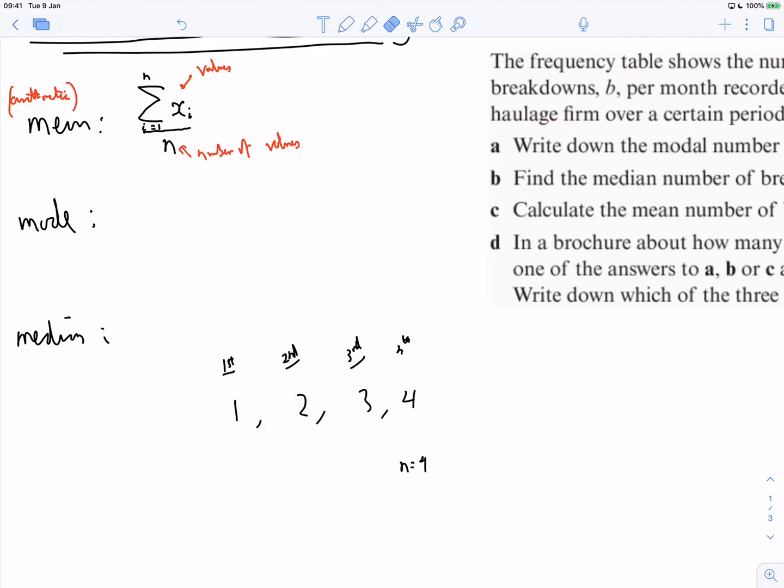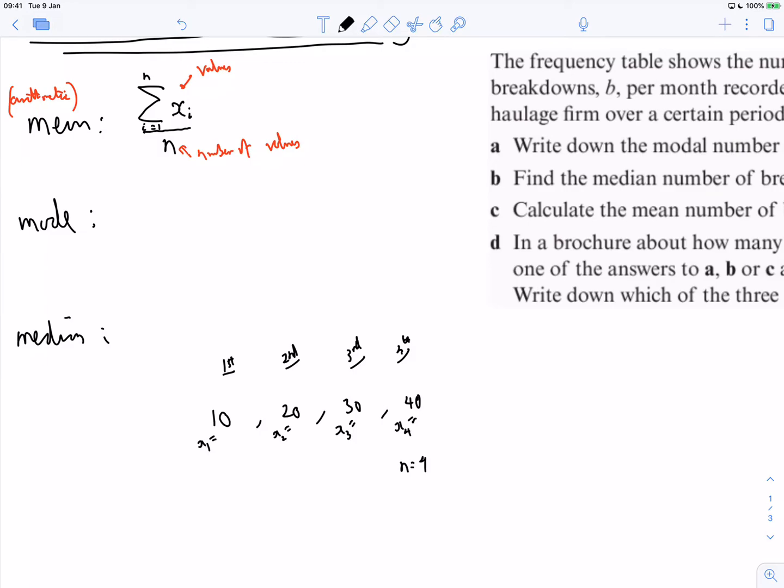And just to not confuse you, let's say it's 10, 20, 30, 40. So there's 4 numbers, so n is 4. What we're saying is x1 is 10, x2 is 20, x3 is 30, x4 is 40.